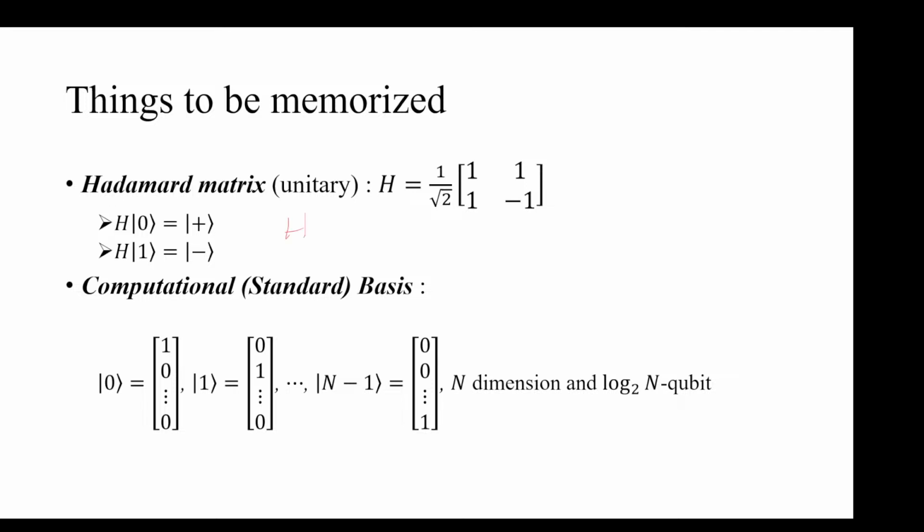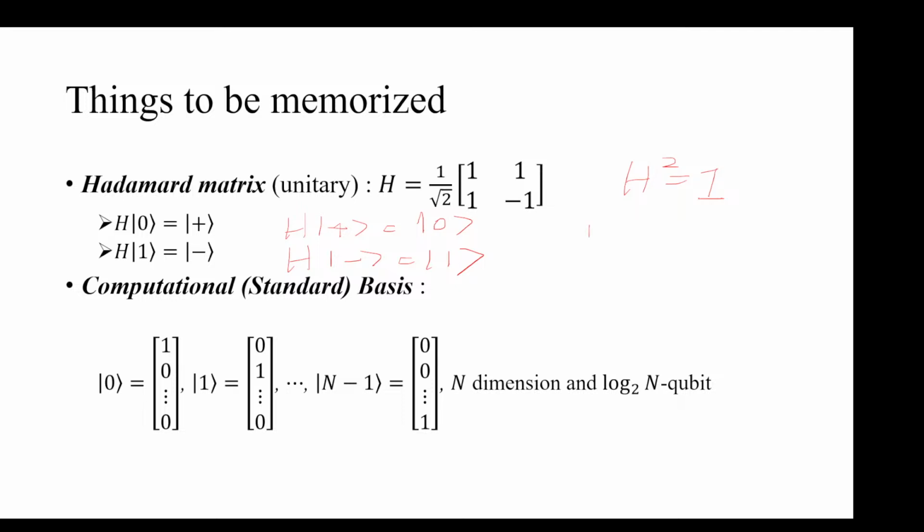We also know that Hadamard squared equals identity. So the Hadamard acting on the plus state goes back to 0, and the Hadamard acting on the minus state goes back to 1. The Hadamard matrix acting on 0, 1 becomes the plus, minus states, and acting on plus, minus goes back to 0, 1, which is consistent with Hadamard squared equal to identity.